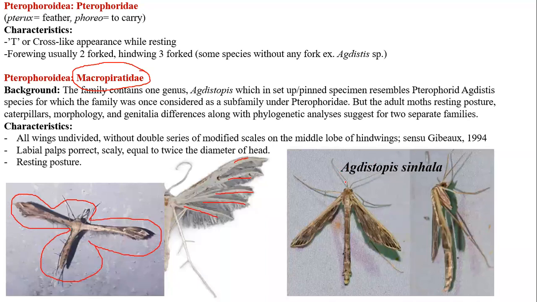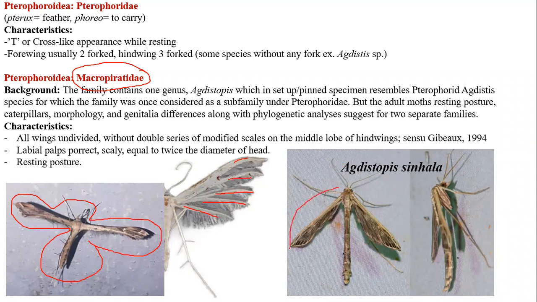So you are seeing that Agdistopis singhala, which belongs to family Macropyridae, also looks somewhat close in appearance to the family Pterophoridae. So now the question is how to differentiate these two families. I think that we do not need to learn this because we only have one species belonging to family Macropyridae from India.